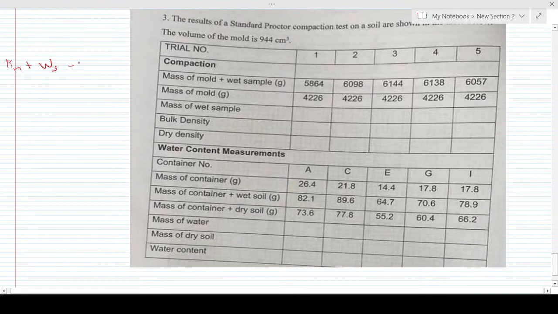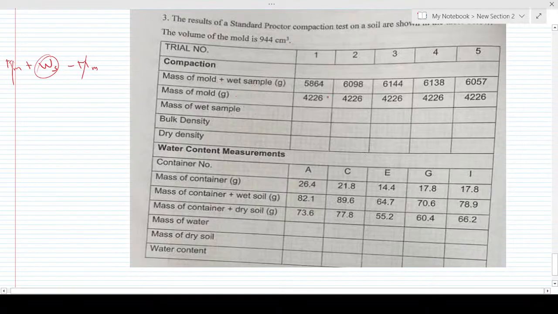So when I simply subtract the mass of the mold from the mass of the mold plus wet sample, I get the mass of just the wet sample. Then the remaining, you'll be left with this, right?